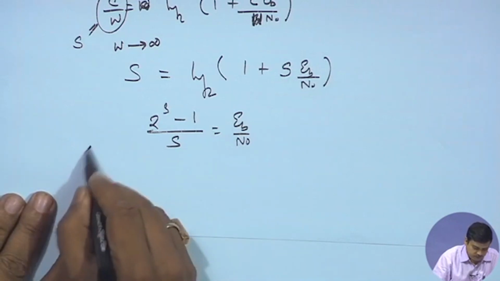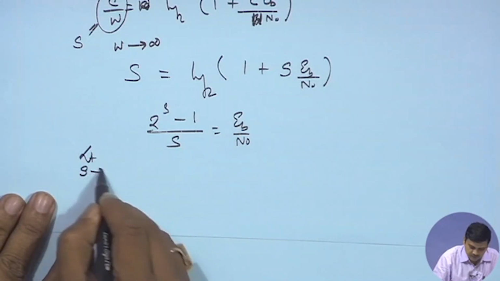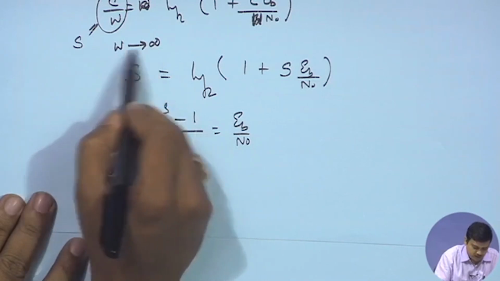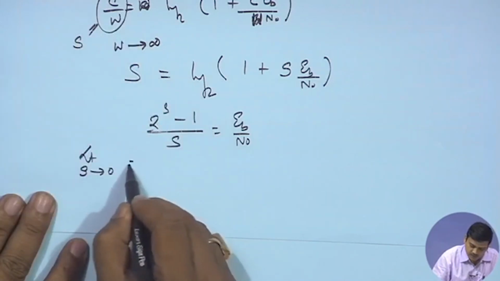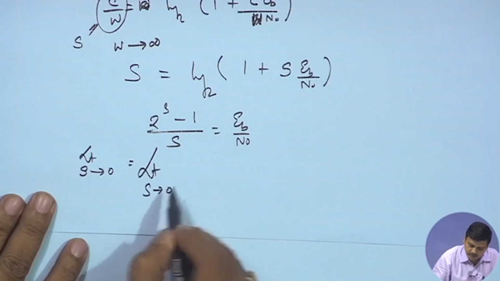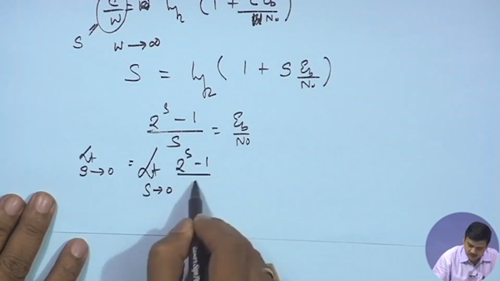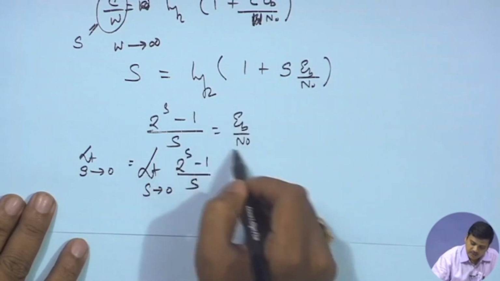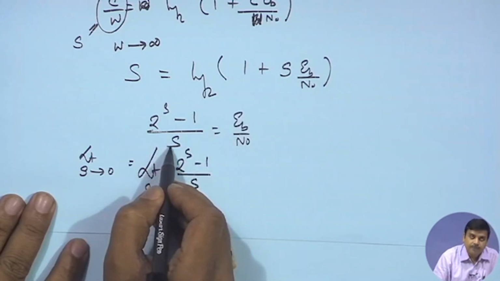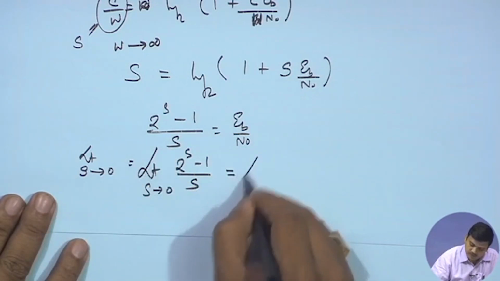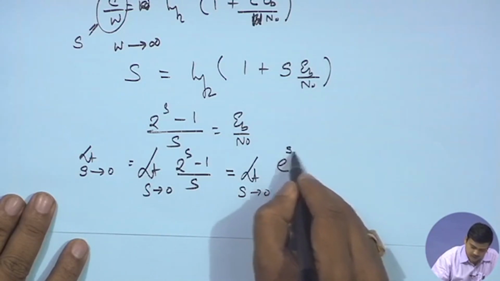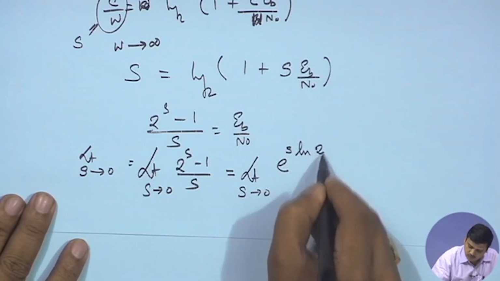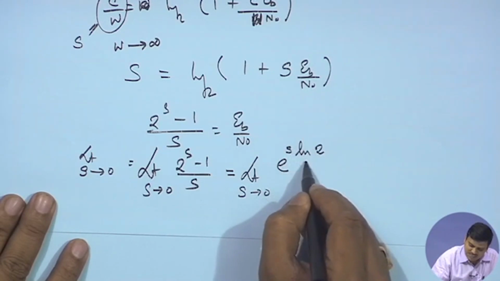So, we have this expression, 2 to the power of S minus 1 upon S. At this point, we would like to study the limit as S tends to 0. That means if we let W tend to infinity, we get S tending to 0. So, we would put the limit S tends to 0 of 2 to the power of S minus 1 upon S. That means we are going to find the limiting condition on Eb by N naught given S tends to 0, that means W tends to infinity. So, this we could expand as limit S tends to 0 of e to the power of S ln 2, because ln is log base e.